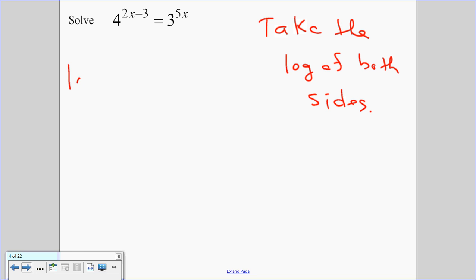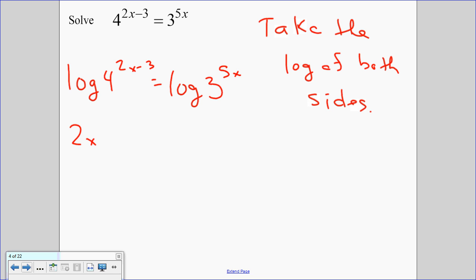It's log of 4 to the 2x minus 3 equals log of 3 to the 5x. It's just like if I add a 5 to both sides, or divide by 3, or multiply by 2, I can take the log of both sides, and I do not change the equation. I don't change the value of x. The purpose of this is to use the power rule that we learned yesterday. Now I can take the powers and move them in front.